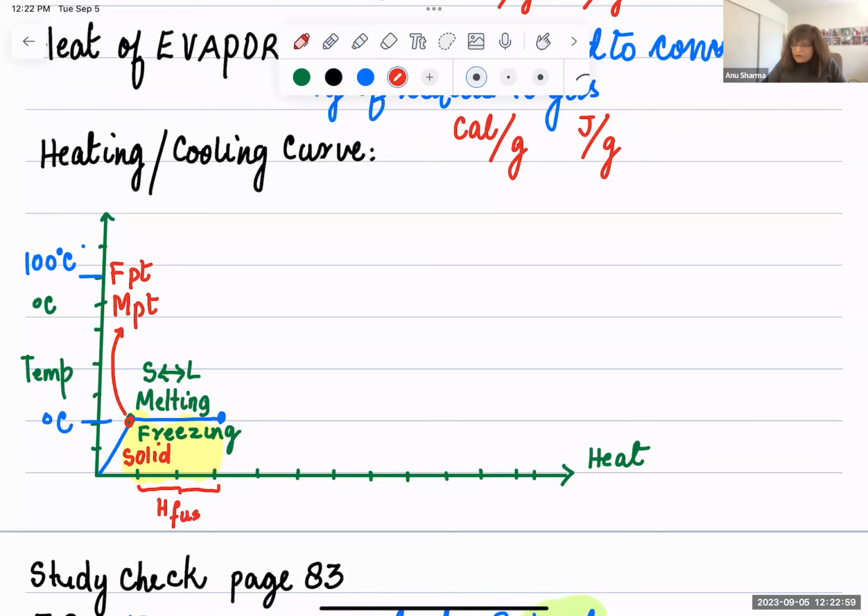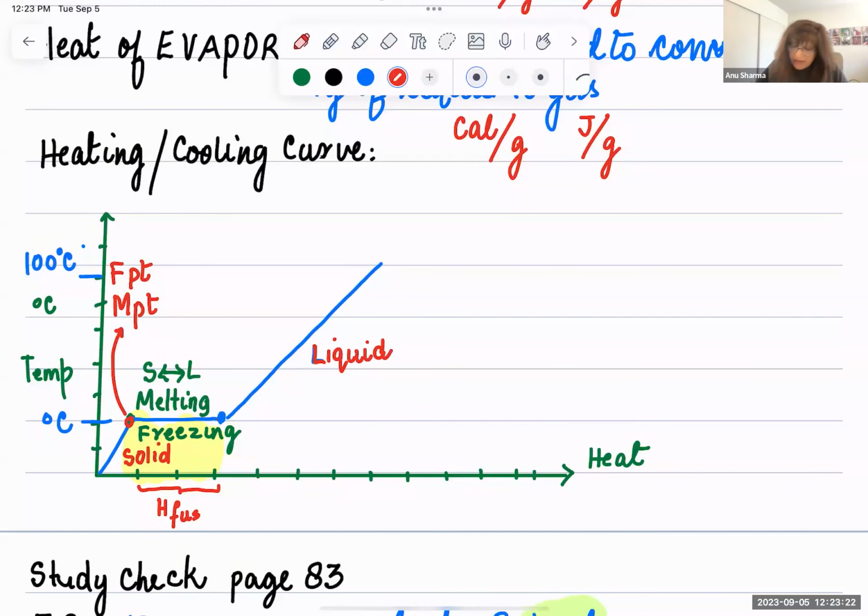Okay, now this substance has become a liquid. It will always remain a liquid, but it will continue to absorb heat.